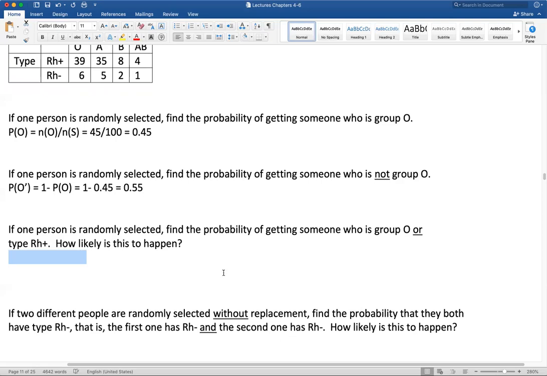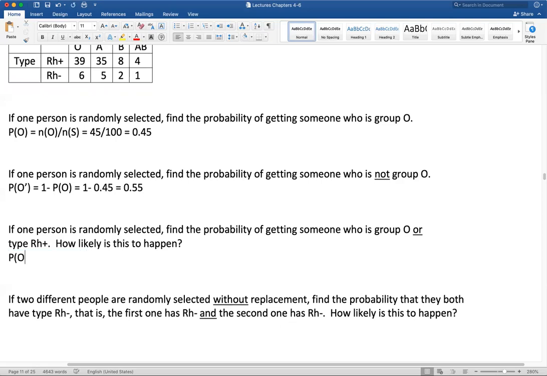Or means addition rule. So P of O, or means union, or Rh plus, is equal to, we use the addition rule, P of O plus P of Rh plus minus P of O and Rh plus. Okay, that's the addition rule, right? So the probability that the blood type is O, we already figured out, is 0.45, right?